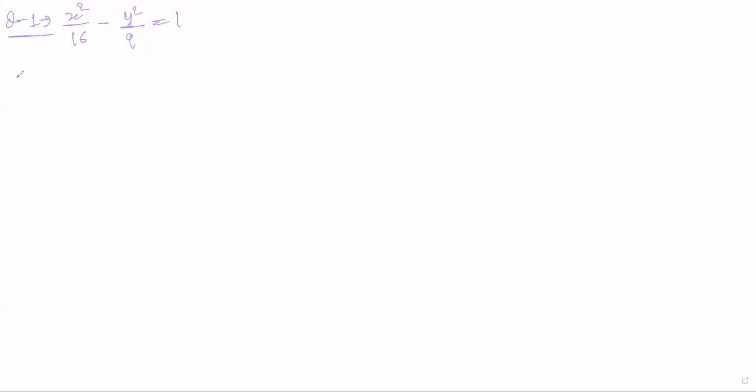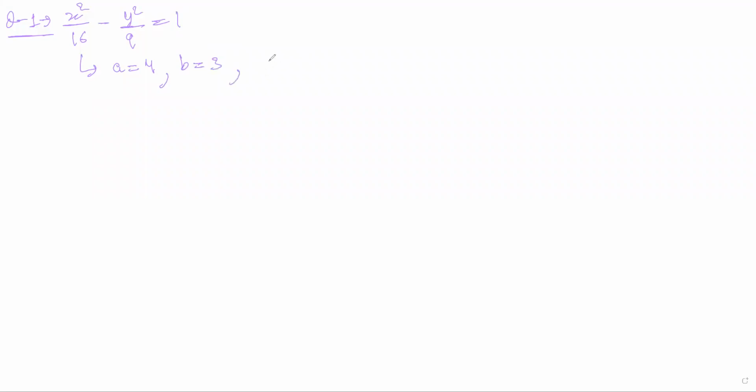So in this case, x axis is transverse, y axis is conjugate. X axis is transverse and y axis is conjugate, right? So this is kind of a horizontal hyperbola, right? a is 4, is a 4? In this case, what is the value of a? 4. And b? 3.